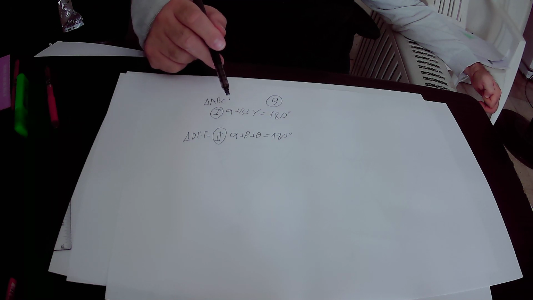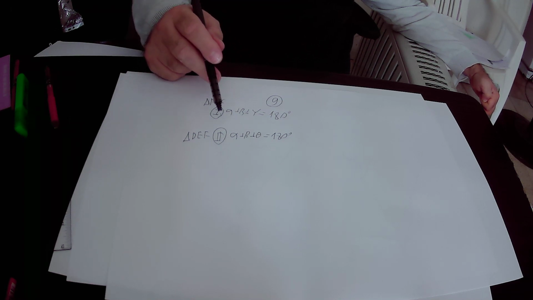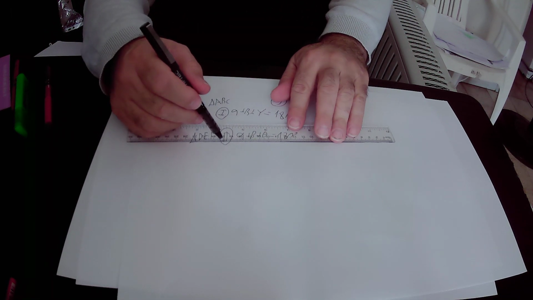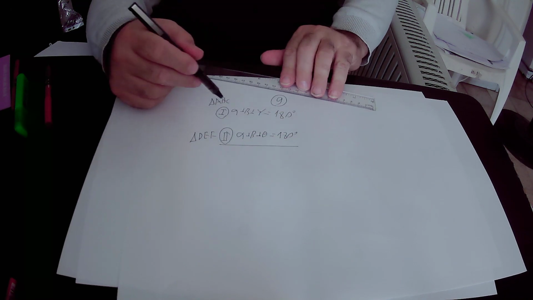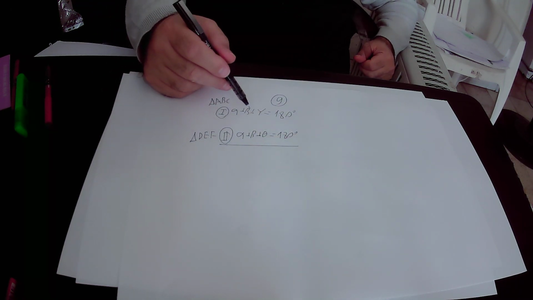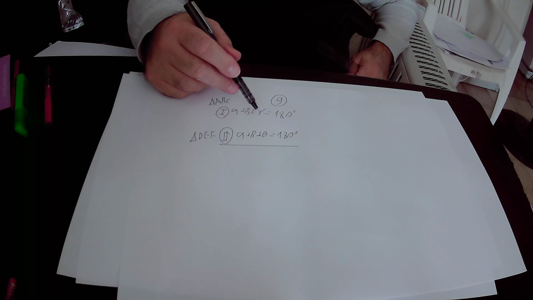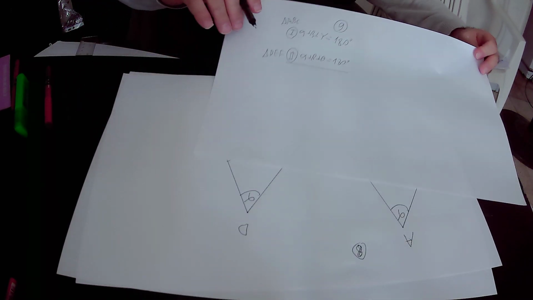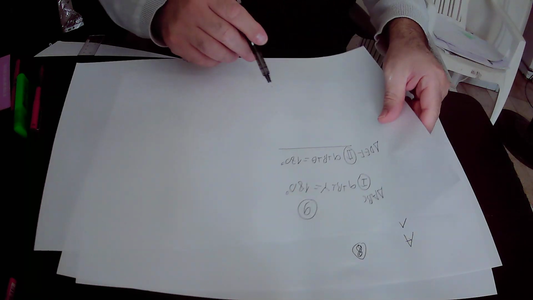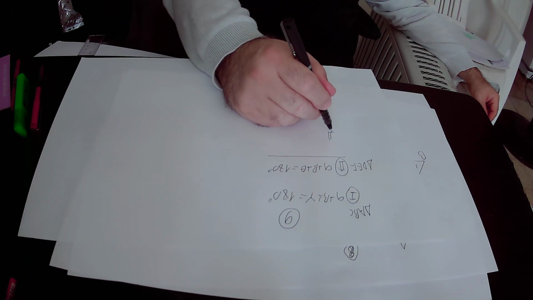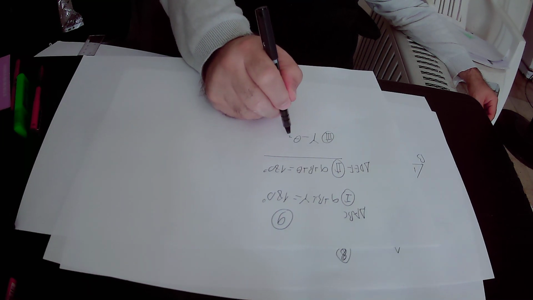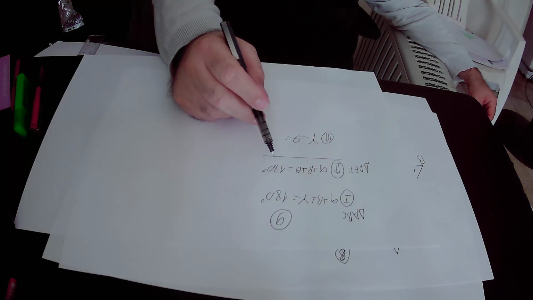So in the next step we will subtract equation number 1 from equation number 2, and we will get that alpha minus alpha is 0, beta minus beta is 0, and gamma minus theta equals 180 degrees minus 180 degrees, which is 0.